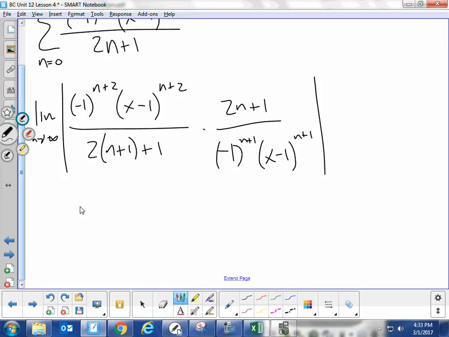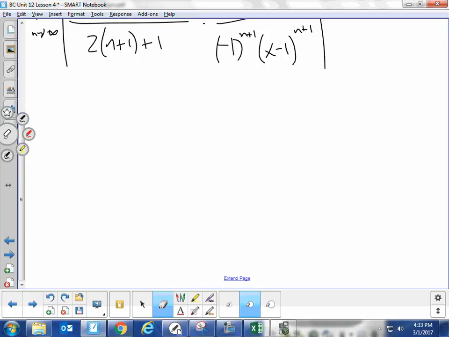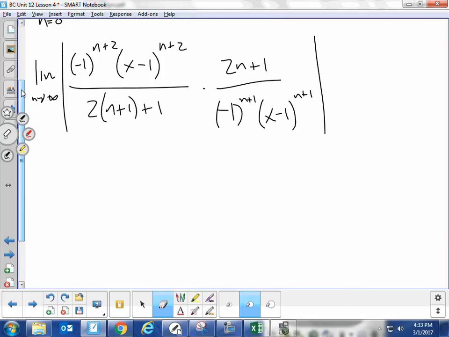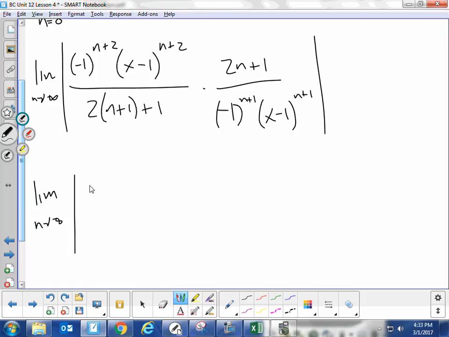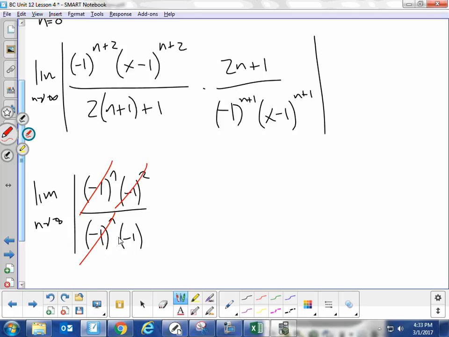Okay, let's simplify. I would have (-1) to the n times (-1) squared over (-1) to the n times -1. That's important. This goes away. This goes away. This is just +1. I leave a -1, which won't matter at all.